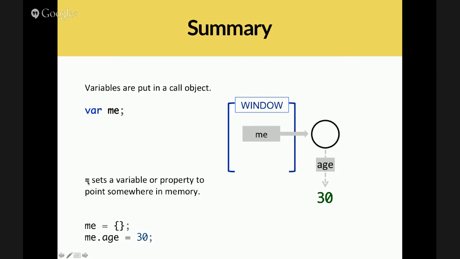And then the equal operator does one of two things. If you're setting a variable to equal something, that points that variable at that something else. And if you're setting a property equal to something, that creates a property on whatever object you have and points that property at whatever value you're pointing at.